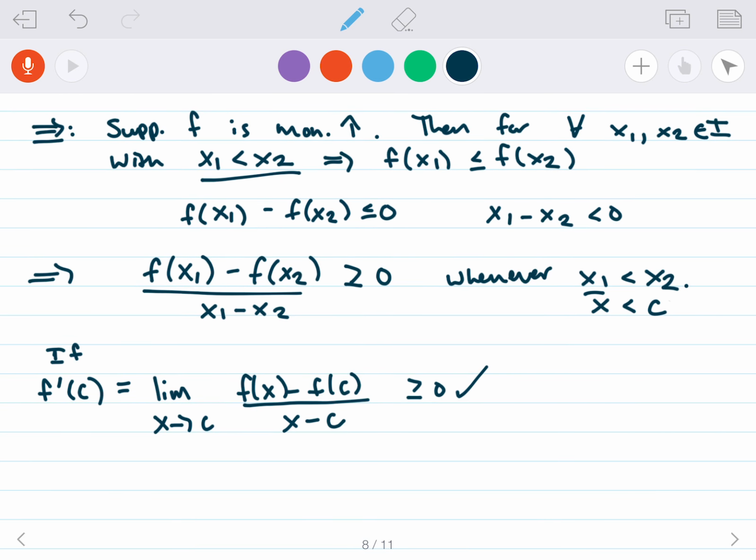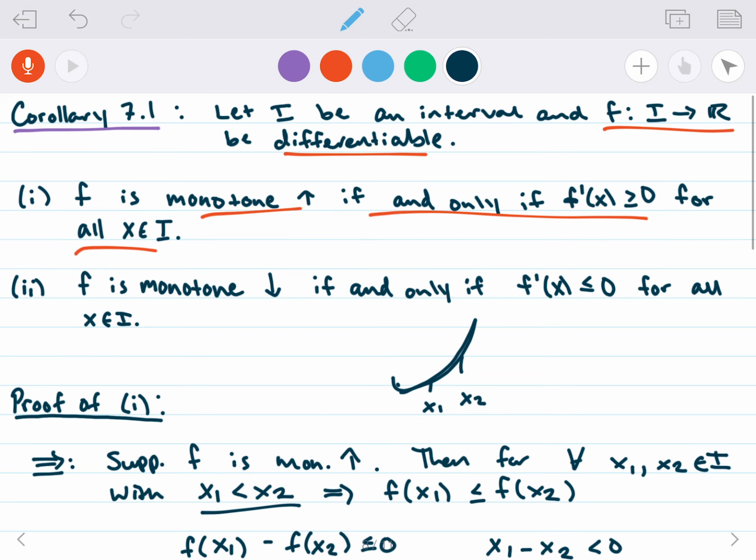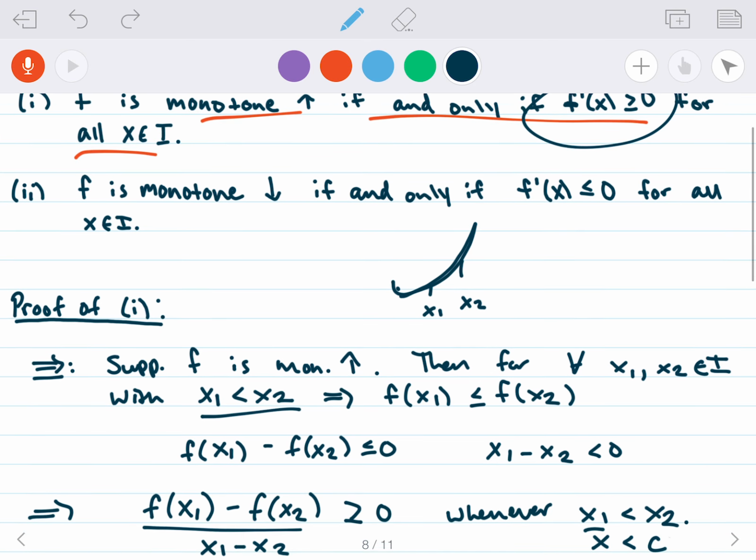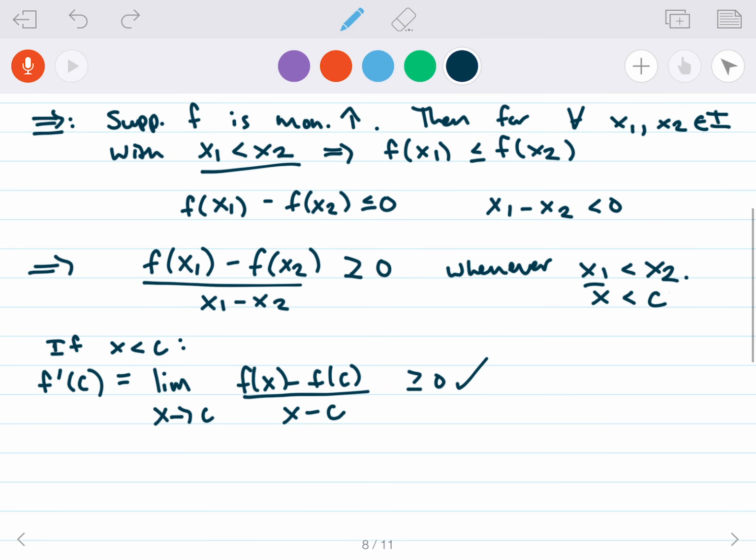So this is if x is less than c. So that's what we were trying to show. We're trying to show that f prime of x is bigger than or equal to 0 for all x in the interval, and so we're looking at a specific x equals c. Okay, so that's the case when x is less than c.